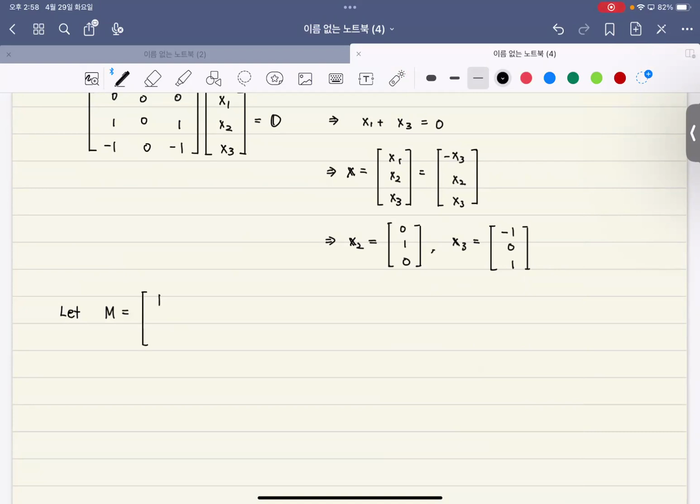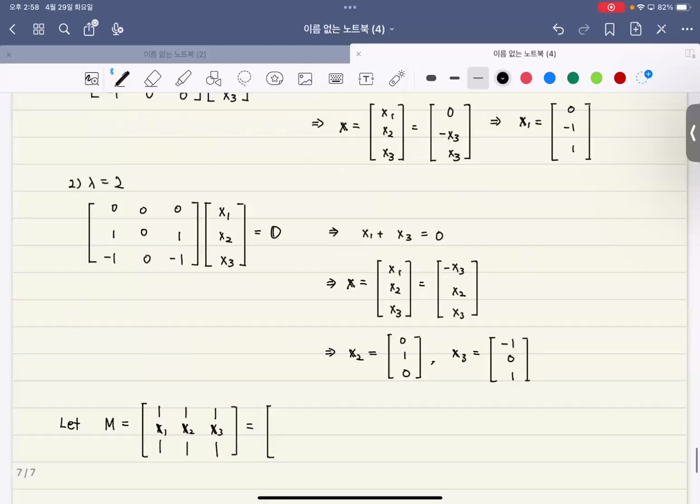I'll put my x1, x2, and x3 together as the matrix M. What is my x1? 0, minus 1, 1; 0, 1, 0; and minus 1, 0, 1.